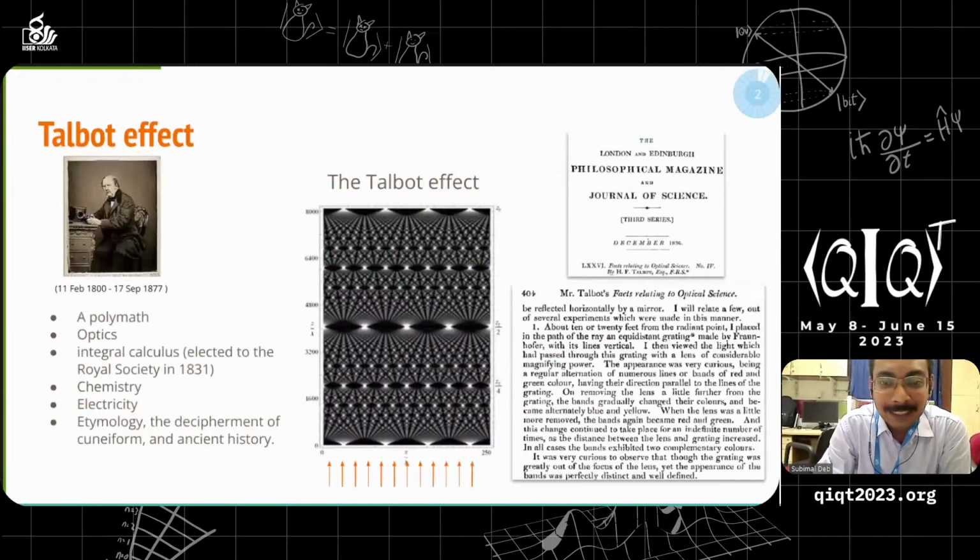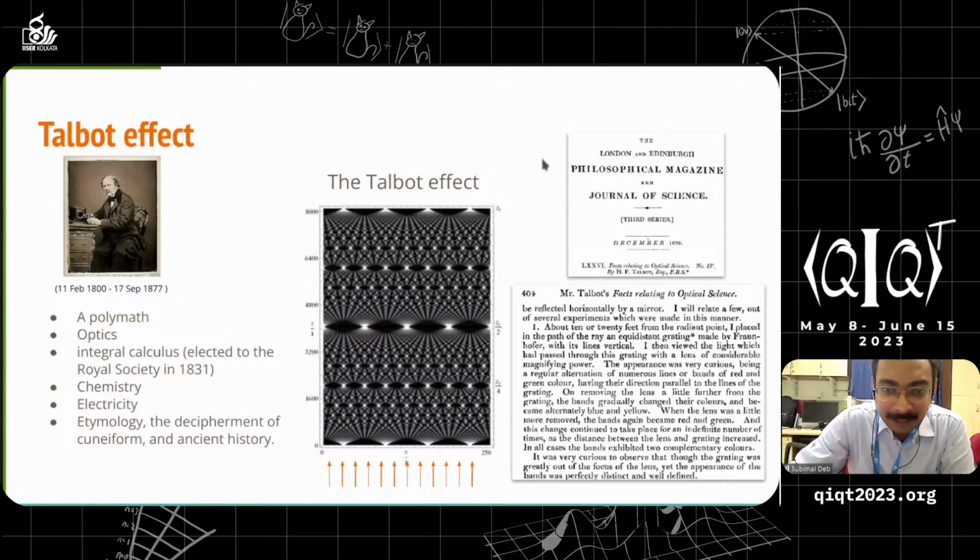So to begin with, we begin with the Talbot effect, which started with the discovery of Henry Fox Talbot in 1836, which is a very, very long time from now, close to about 180 years or more.